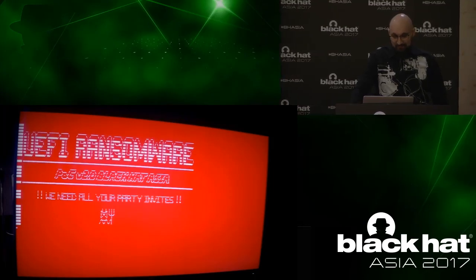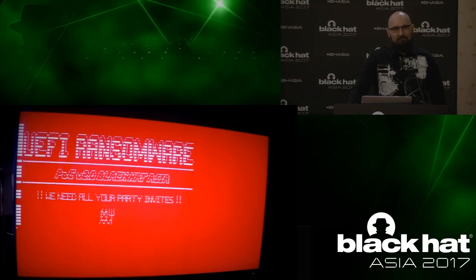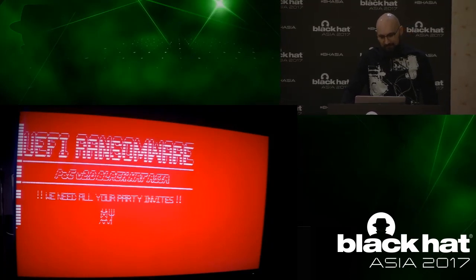Okay, but we think it's not fun to just have the lock screen. We also modified the bootloader, and it will appear soon. It's no more Gigabyte on this platform.